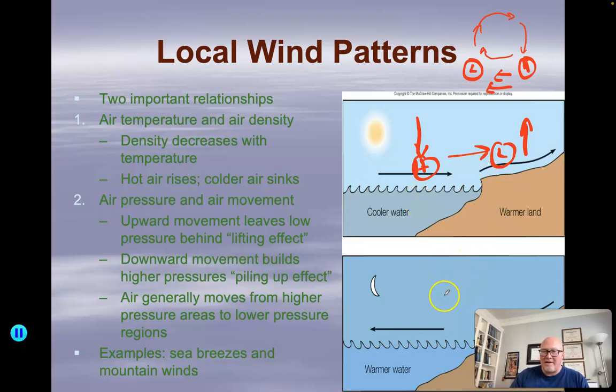And you reverse that at night because the water is warmer at night, so the air is going to rise, so that creates a low pressure out here because the air is rising, and then you get a high pressure over the land at night, and so the wind is going to blow towards the low pressure. Wind is always going to blow from an area of high pressure to low pressure.